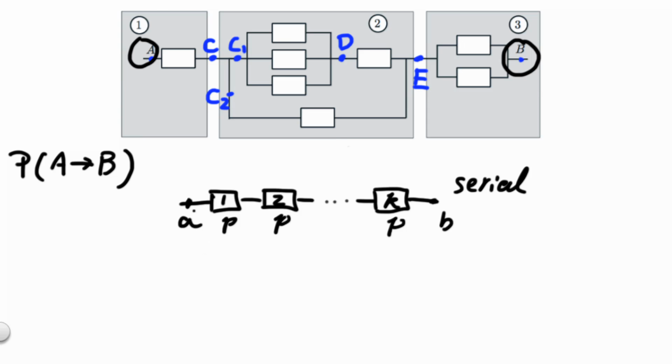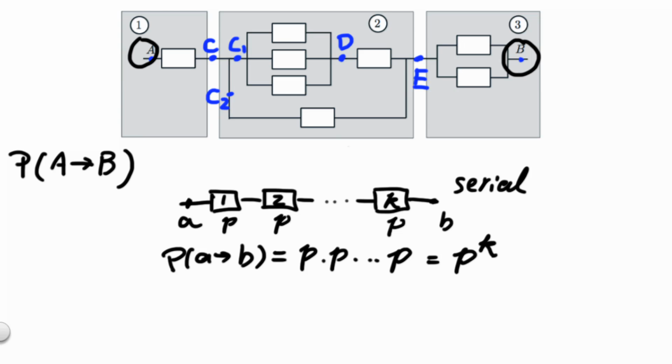Now in this structure, in order for there to be a good path from A to B, every single one of the components must be working. So the probability of having a good path from A to B is simply p times p, repeated k times, which is p raised to the kth power. Note that the reason we can write the probability this way in terms of this product is because of the independence property.